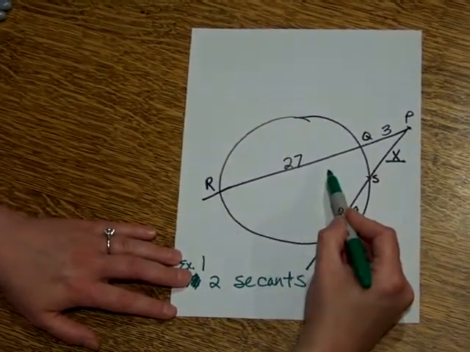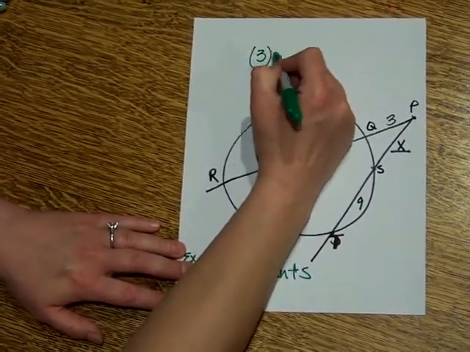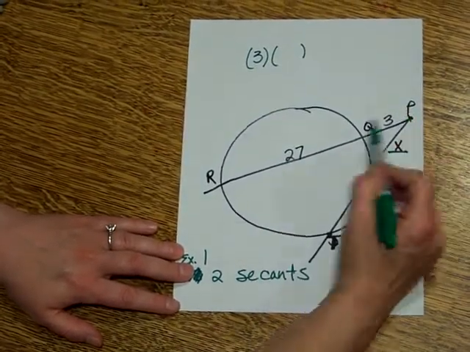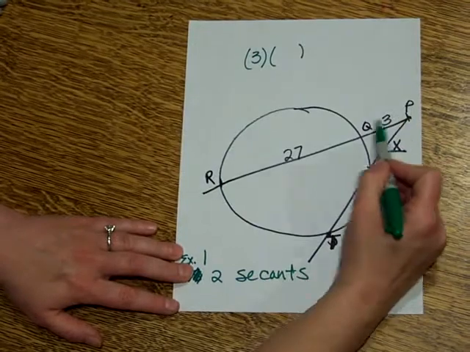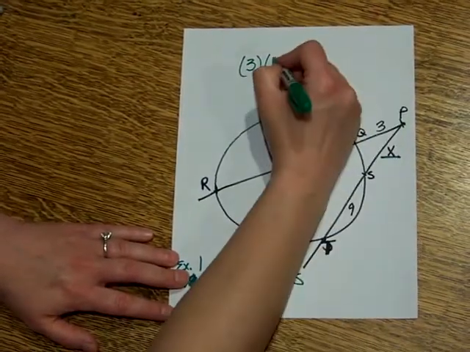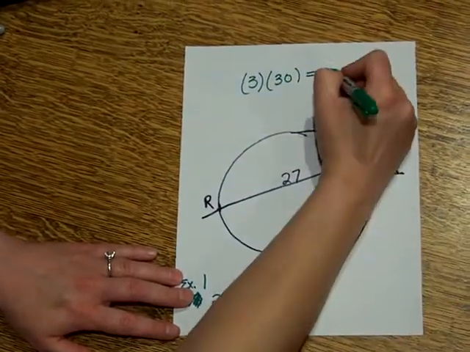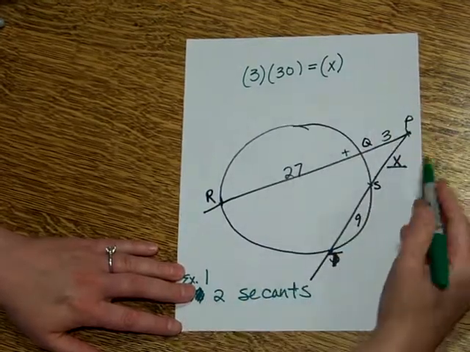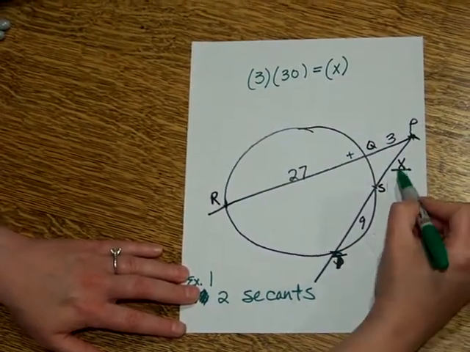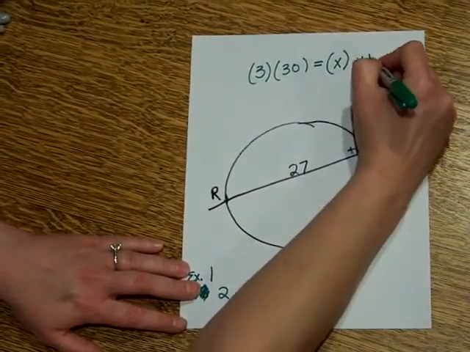So let's look at what that's going to look like. It is 3, the external segment, times not 27, but the whole section here from P to R, which is 27 plus 3, which is 30, equals X, my external segment, times my whole segment from P to T, which is not 9, but X plus 9.